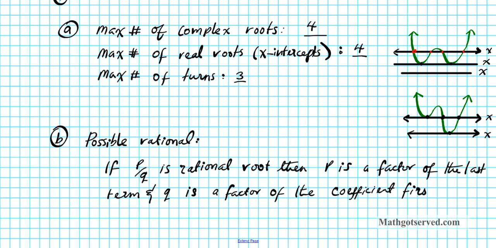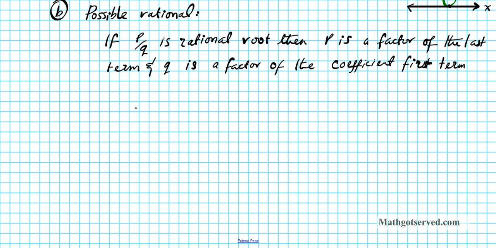So in order to find all the numbers that satisfy this, we're going to list them. Normally the possible rational roots are plus or minus P over plus or minus Q. Some people like to write it as plus or minus C as a constant over plus or minus A for the first term, or you can say plus or minus factors of the first term.